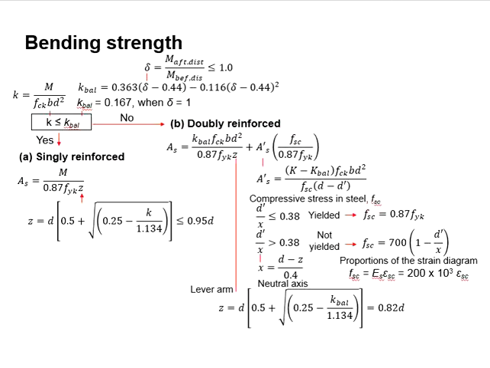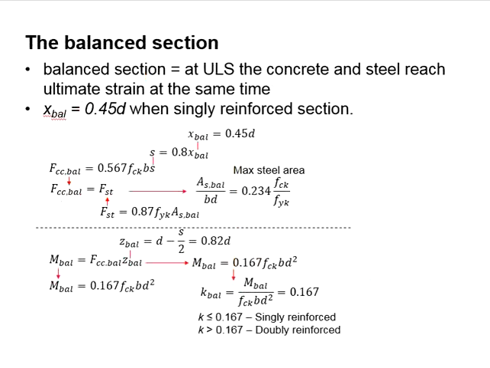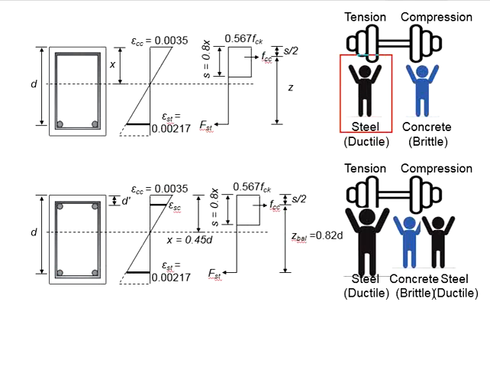As for the second one, those values shall also be used in the doubly reinforced members in order to ensure the under reinforced state. And then in the calculations, we will also need to check for the maximum amount of steel reinforcement, especially in the singly reinforced section, in order to prevent the steel from being much stronger than the concrete.